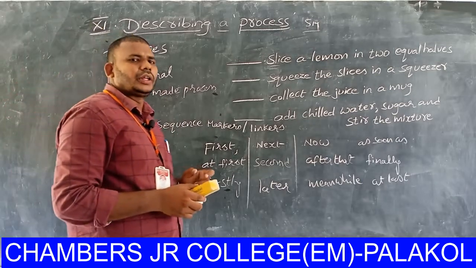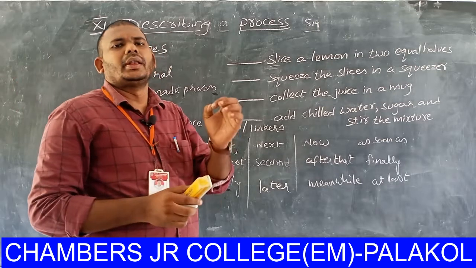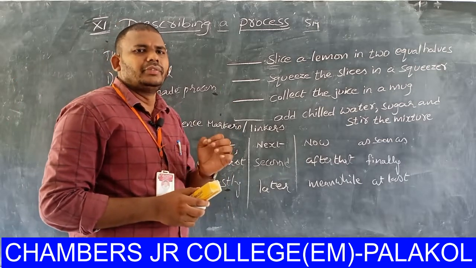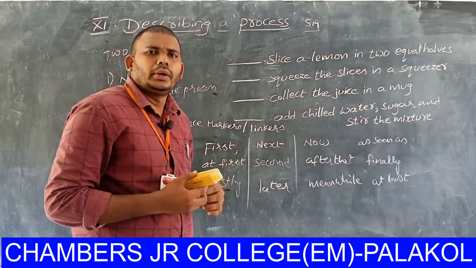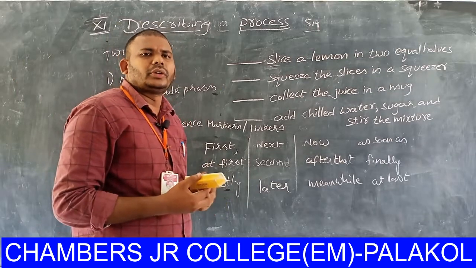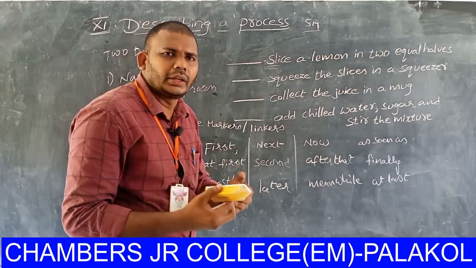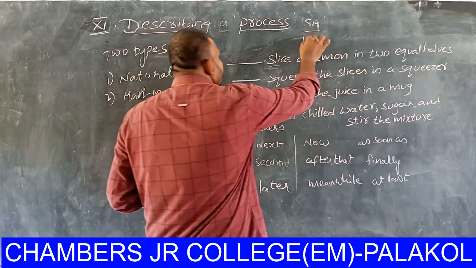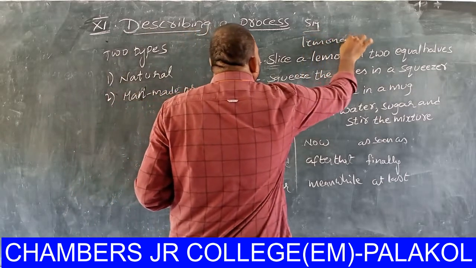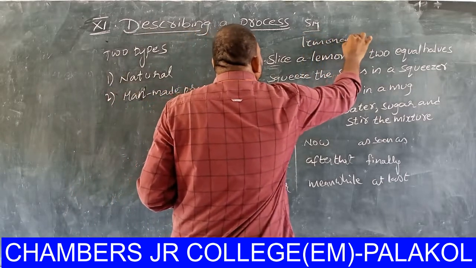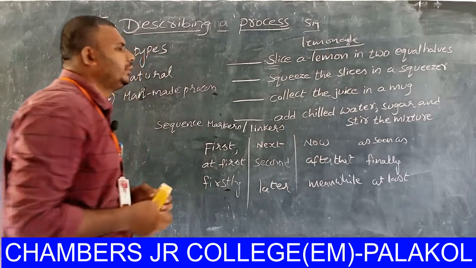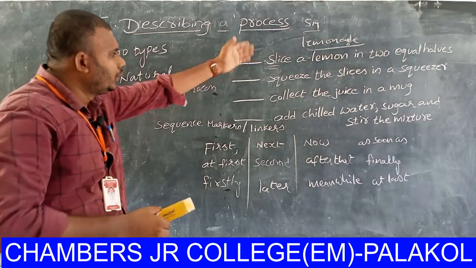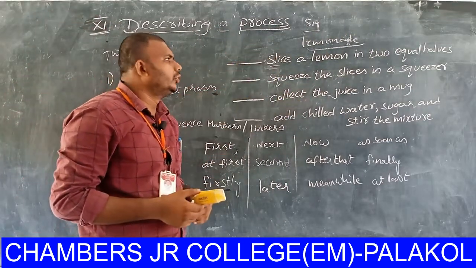Now I want to give an example of how to make a lemonade, a very simple thing: the steps involved in making a lemonade. I have written 4 sentences here.